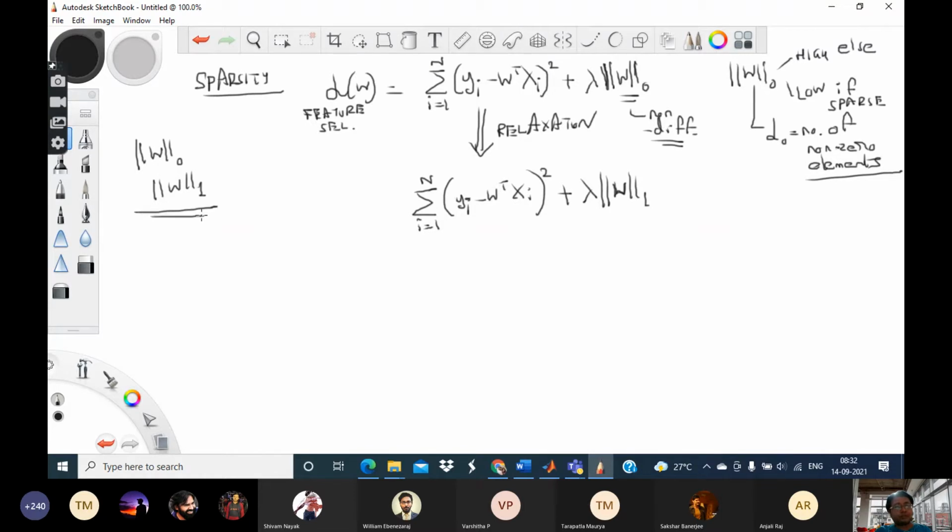This again will be part of the mini project which I am going to tell you right after this. So this is the relaxed version of the sparsity problem.